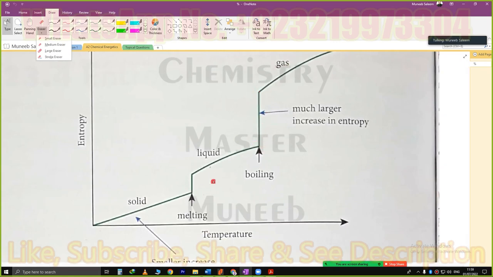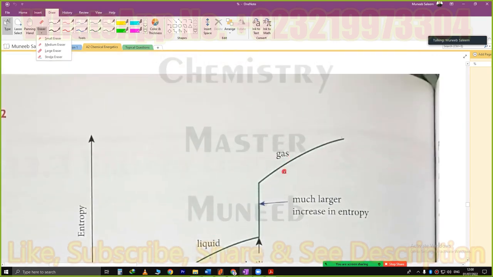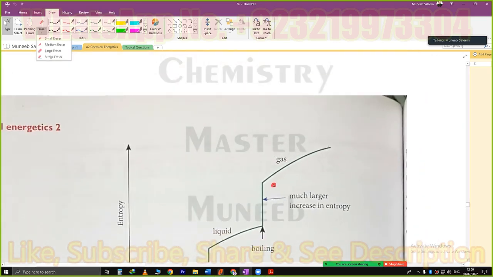So you can find the difference. This is a smaller increase in entropy, and this is a much greater increase in the entropy value. So solid to liquid shows a smaller increase in entropy, and liquid to gas shows a greater increase in entropy.